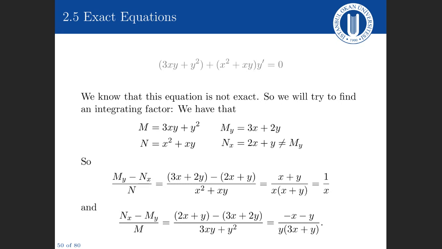When we simplify my minus nx over n, we get a nice simple function, 1 divided by x. When we look at nx minus my over m, we have this complicated thing, minus (x minus y) over y(3x plus y). The first one is a function only of x. The second one is not a function only of y. So we're going to use the first one, 1 over x.